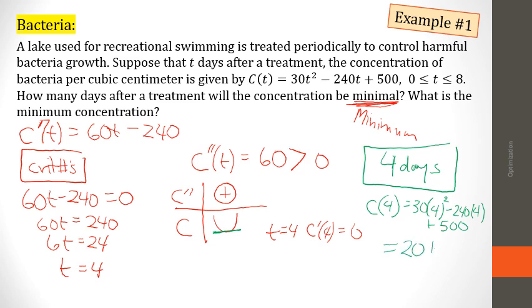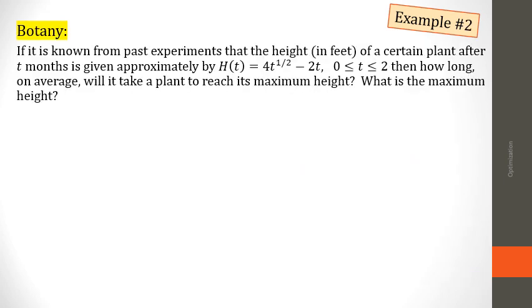And it's bacteria per cubic centimeter. So the smallest concentration of bacteria is after 4 days, and that smallest concentration is 20 bacteria per cubic centimeter.